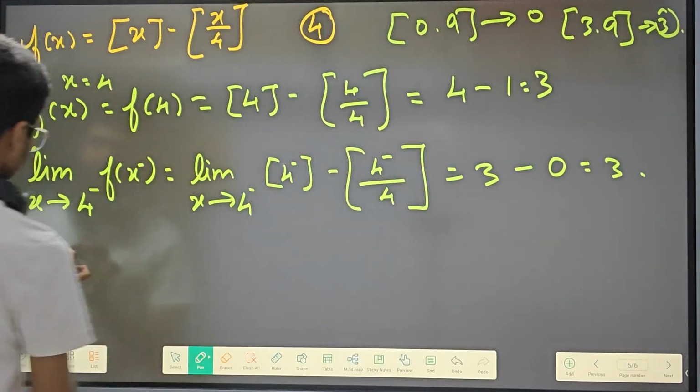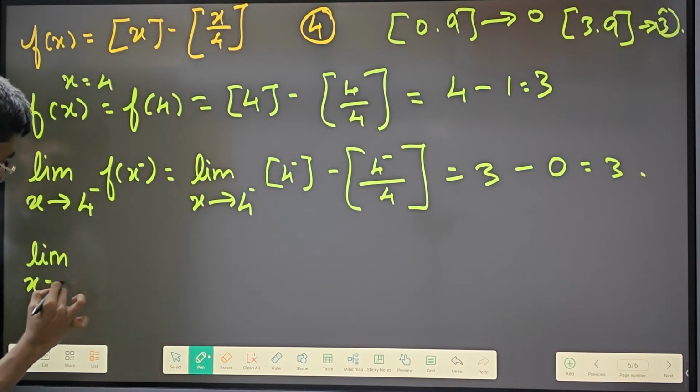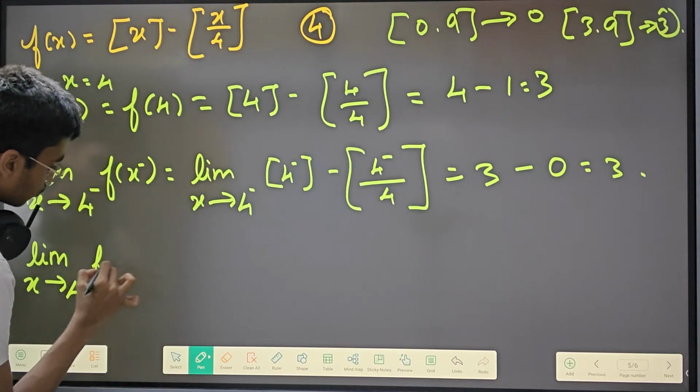Okay, next is the limit as x tends to 4 plus of f of x.